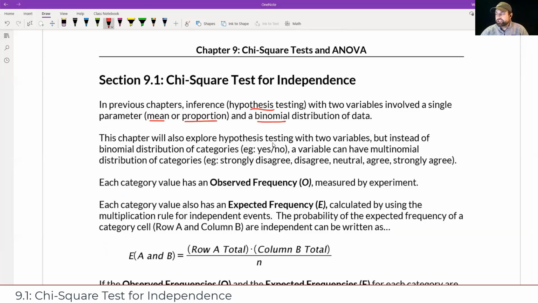In this chapter, we're going to explore hypothesis testing with two variables, but instead of having a binomial distribution, yes or no, the variables can have a multinomial distribution. In other words, a lot of different categories.